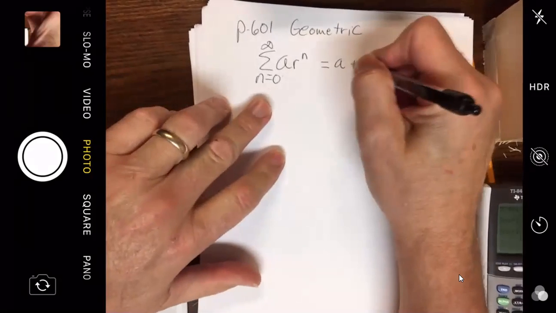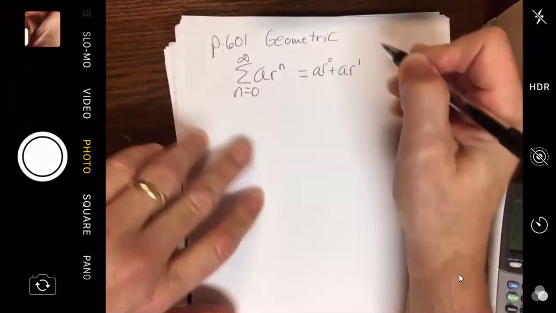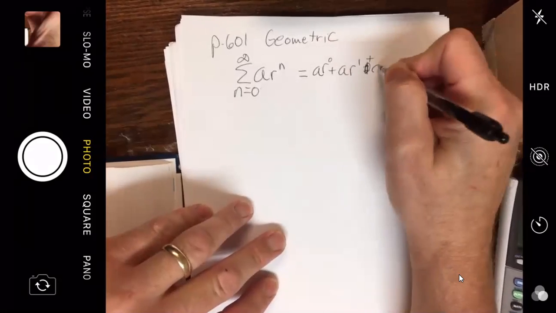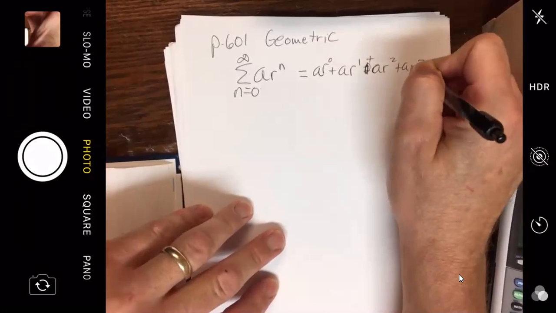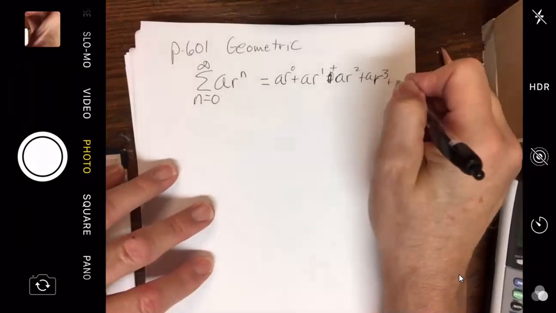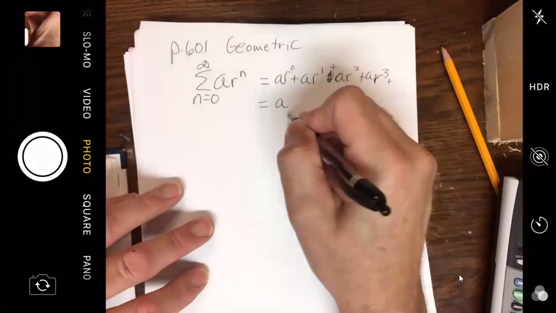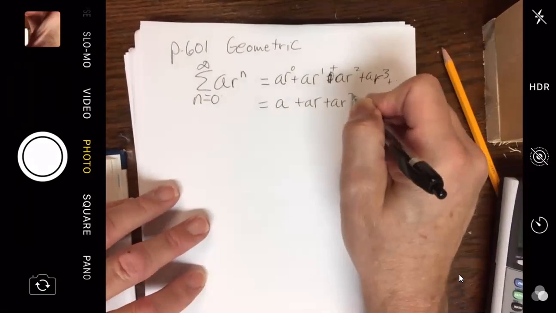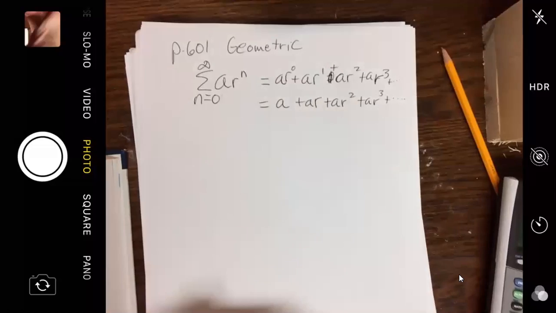You just get an a, plus a r to the 1, plus a r squared, a r cubed, and this goes forever. R to the 0 is 1, so that's an a, r to the 1 is just r, then a r squared, a r cubed.